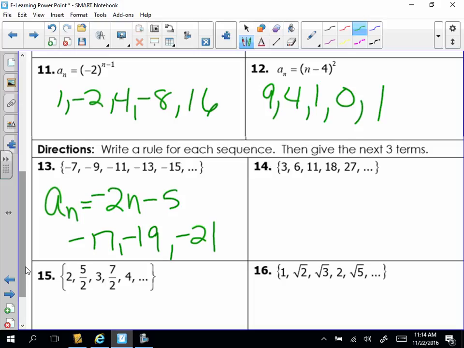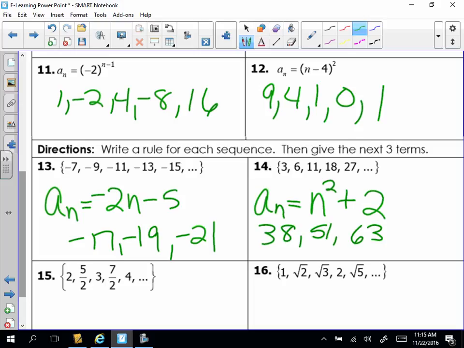This time, the a sub n is I'm going to take n and square it and add 2. 1 squared, 1 plus 2 is 3. 2 squared, 4 plus 2 is 6. 3 squared, 9 plus 2 is 11. And if you continued the pattern, it's 38, 51, 63. Remember on these, you're putting for n, 1, 2, 3, 4, etc.